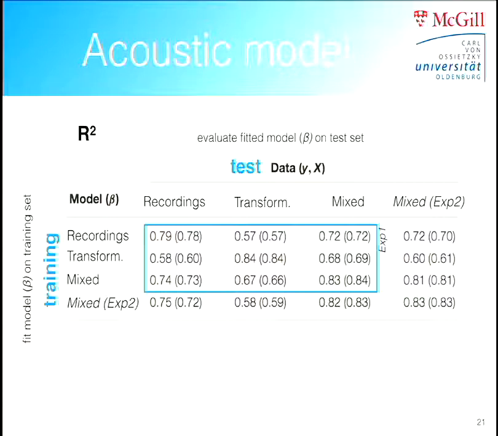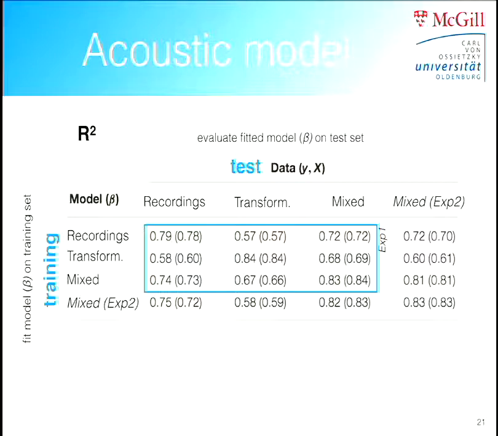And here you see the performance of the solely acoustic model. So on the y-axis, so to say, you have the performance on the training set and evaluated on the test set on the x-axis. Right? So a model fitted to recordings, evaluated on recordings, achieves an R² of around 0.8.